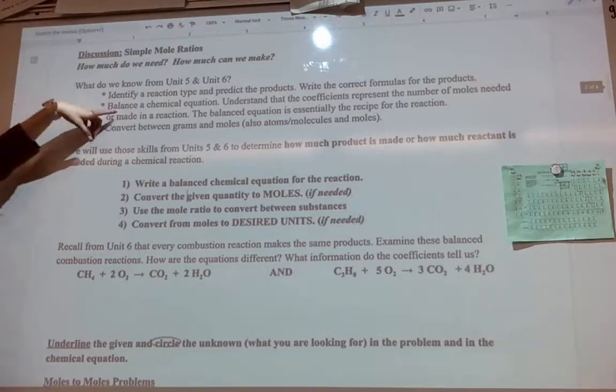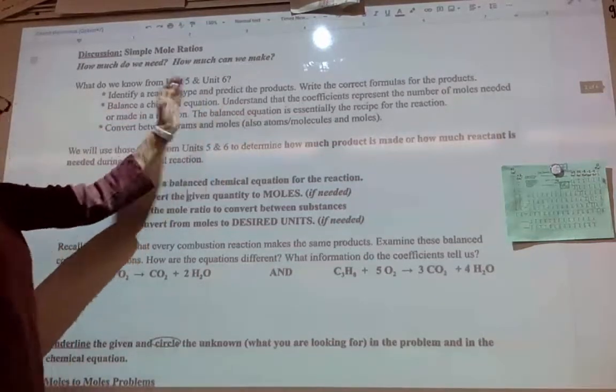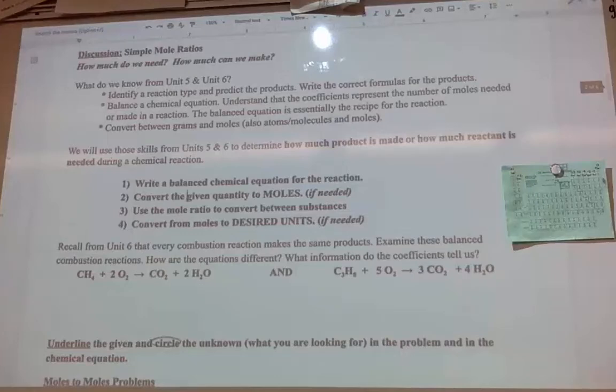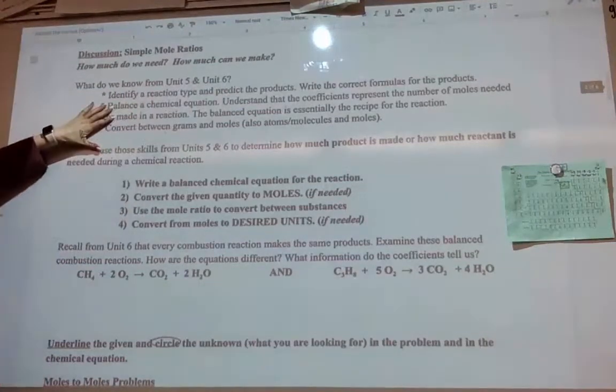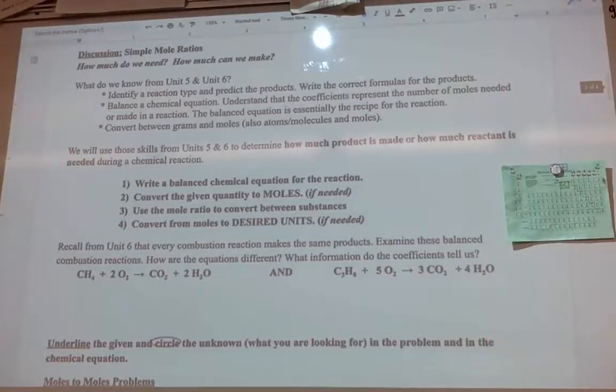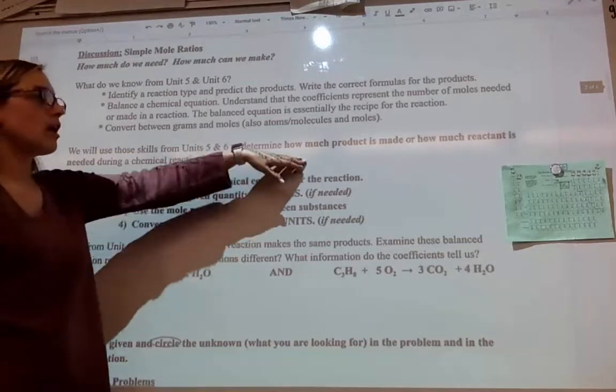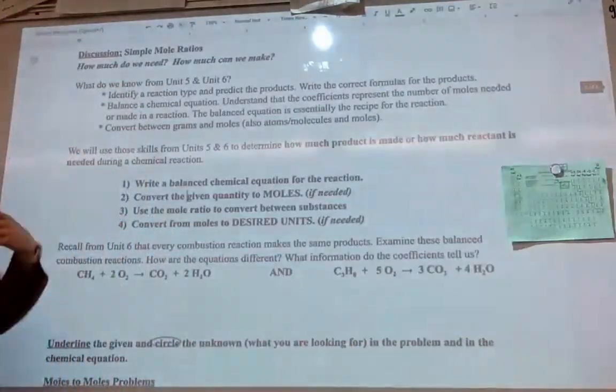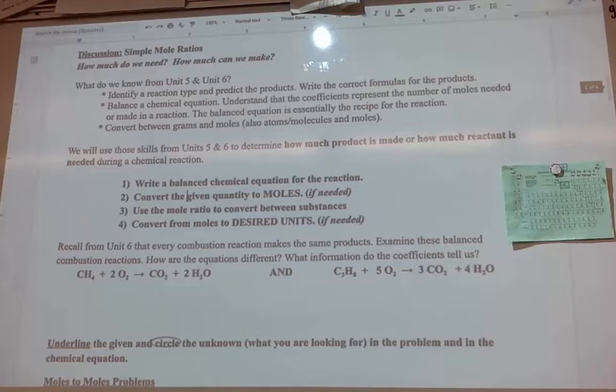Those coefficients are basically the recipe for that chemical reaction. So we're going to be using the skills that we used in Unit 5 and Unit 6 and combine them all as we look at stoichiometry. So stoichiometry is just determining how much product is made, how much reactant is needed during a chemical reaction.